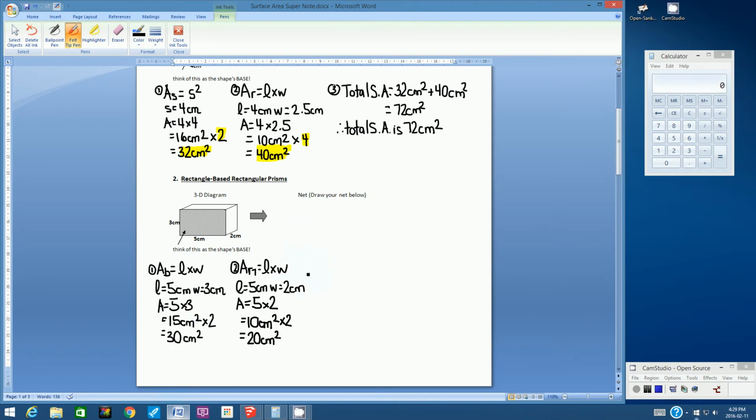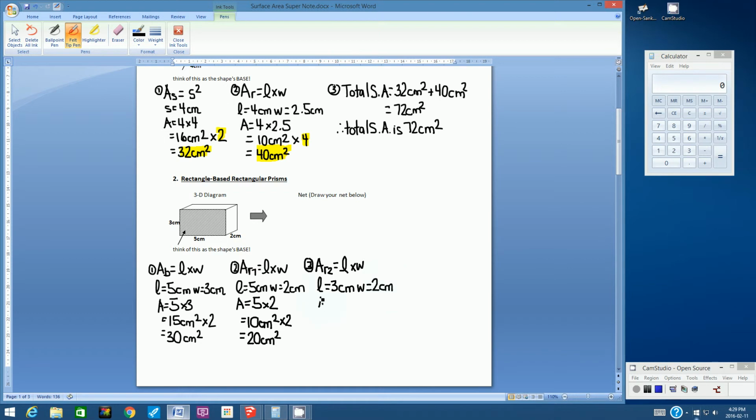So let's go back here. We have now a third part of our solution. Area of rectangle 2 equals length times width. Length equals 3 centimeters. Width equals 2 centimeters.